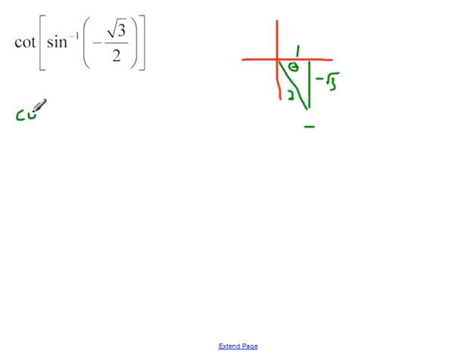That's going to end up being the cotangent of negative 60, which is still represented by this picture here. So then when we take the cotangent of that, you're going to have 1 over negative root 3, which equals negative root 3 over 3.